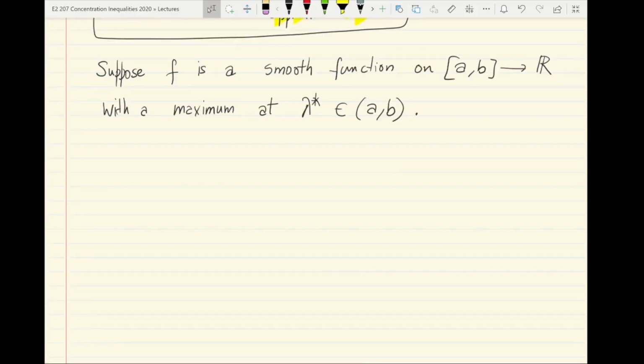So what one can show using basically Taylor approximations up to second order is the following. If you integrate the function e raised to s f(λ) dλ, so fix s as some real number, a large real number, consider integrating e raised to s f(λ) over the range a to b.